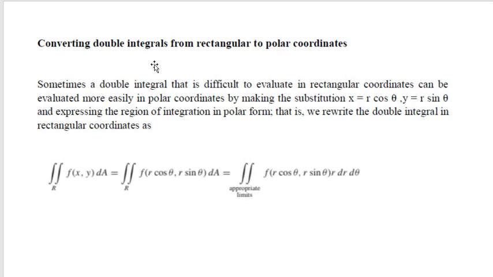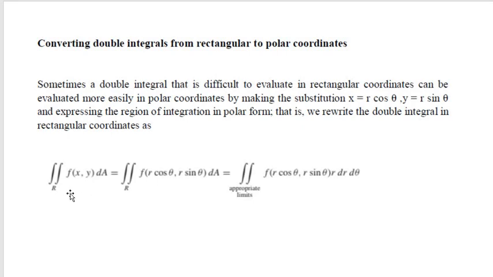So another topic is we can convert rectangular coordinates to polar coordinates. So for that we need a substitution, x equal to r cos theta and y equal to r sin theta.